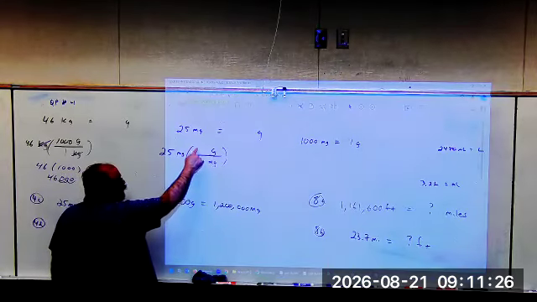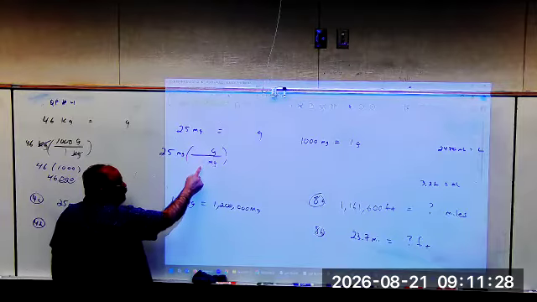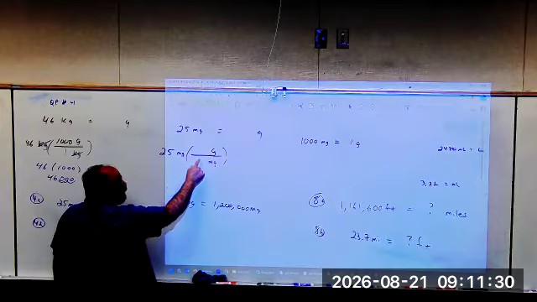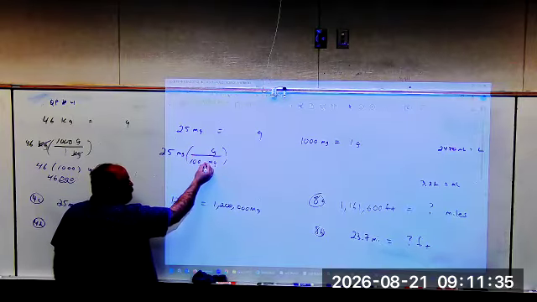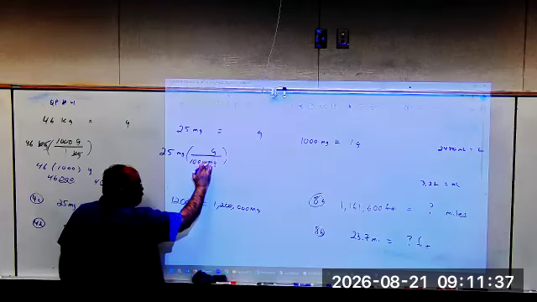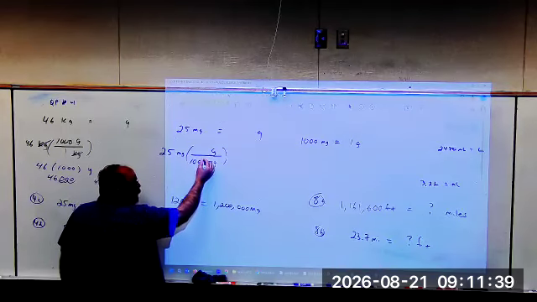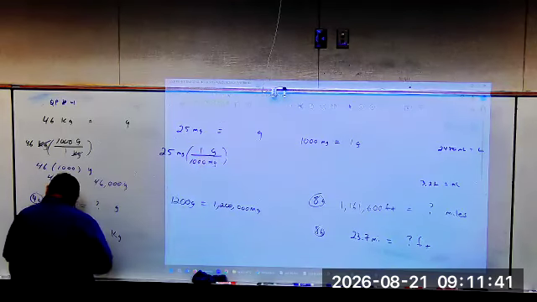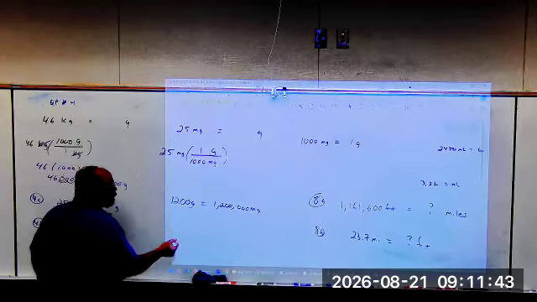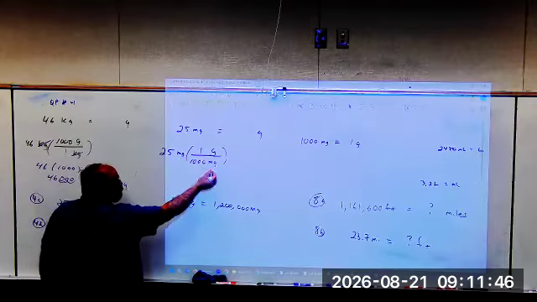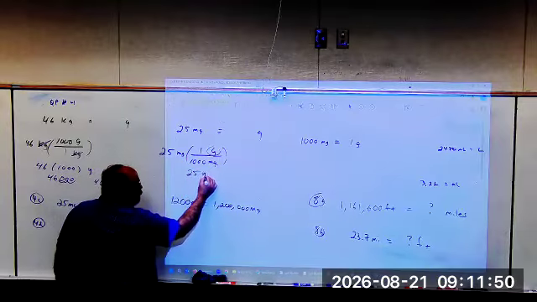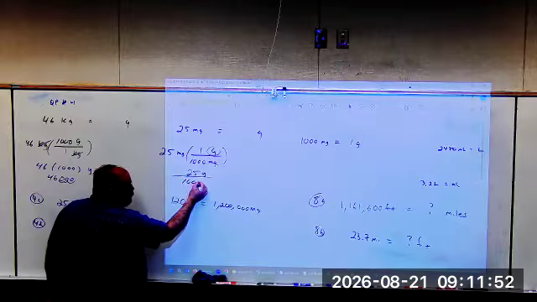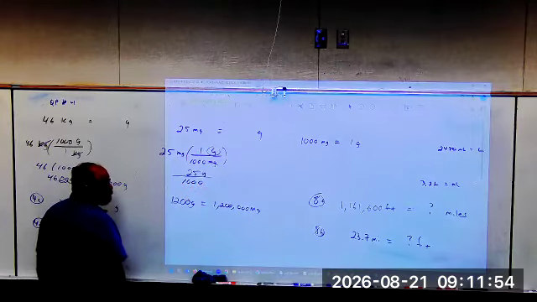So am I going to put the 1,000 grams into 1 milligram, or is it 1,000 milligrams down here into 1 gram? 1,000 milligrams into 1 gram. So that means you're dividing, because now the milligrams will reduce, and you have 25 grams divided by 1,000 milligrams of chemical.